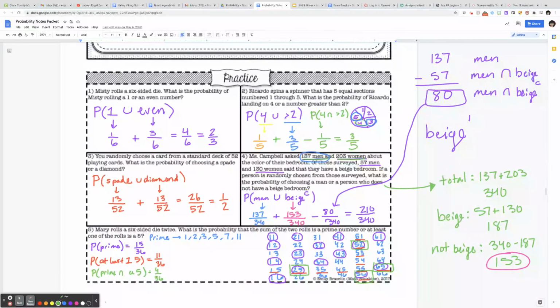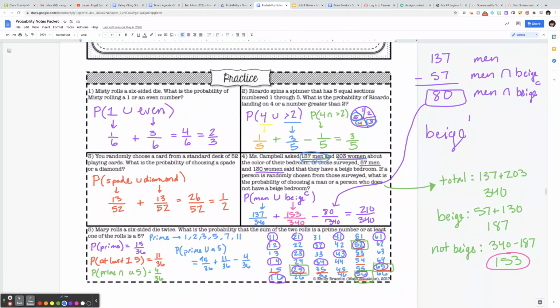Okay, so obviously these two events are overlapping, right? So if I want to find my final probability here, it is the probability that I select a prime sum, or at least one 5. The way I'm going to do that is add the two individual categories together. So 15 over 36 plus 11 over 36. And then I have to subtract out the ones that were counted twice, because I don't want to count them twice. So minus 4 over 36.